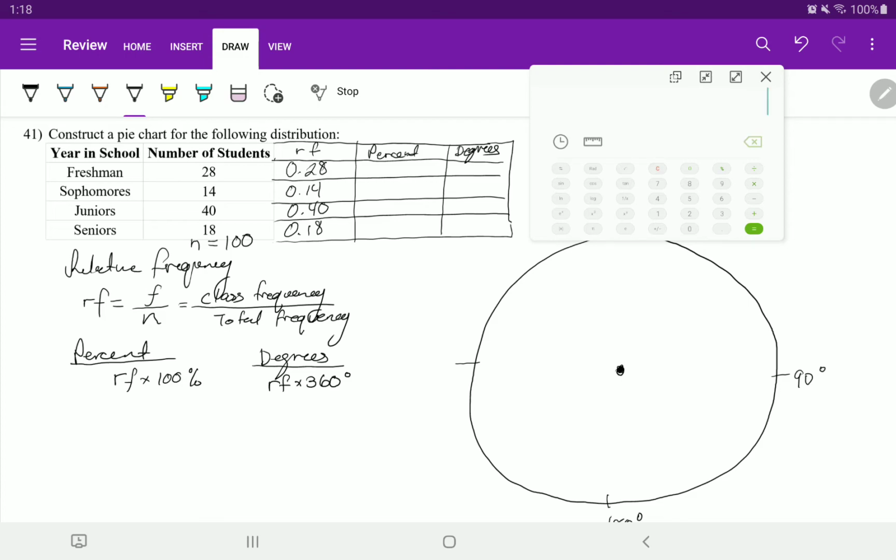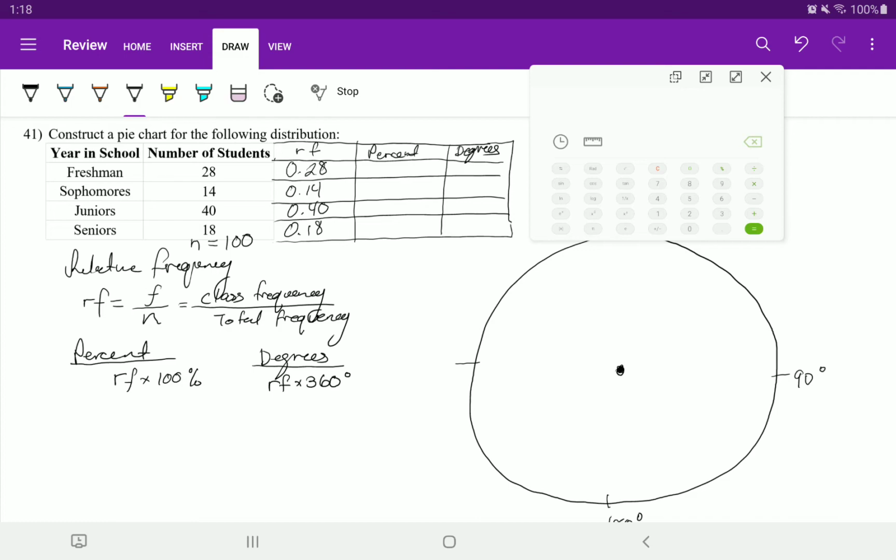Next, we want to find the percentage of each class. To find a percent, we can multiply the relative frequency by 100%. Or, remember, to convert a decimal to a percent, you can move the decimal over 2 units to the right.